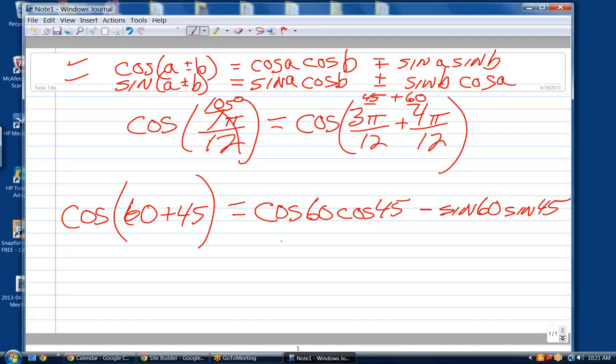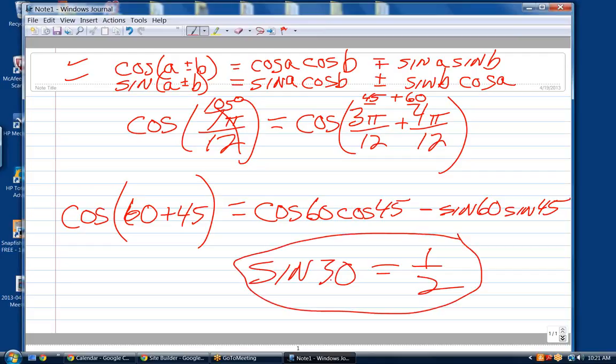What's cosine of 60? Maybe the 1 over 2. Okay. I'll tell you where I start with my memorization: this one right here. If this is true, then cosine of 60 has to be the same thing, because the sine of an angle is always equal to the cosine of pi over 2 minus that, or of 90 degrees minus that.